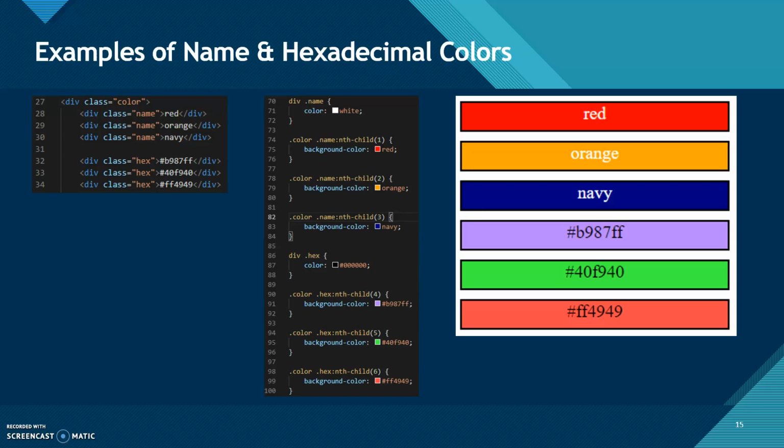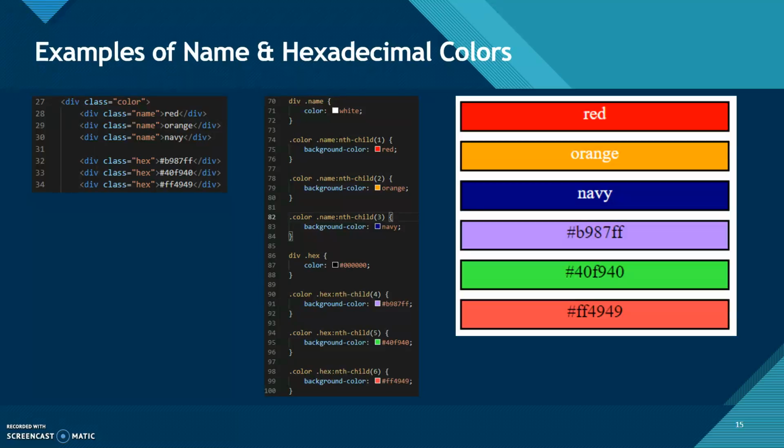So our example of name and hexadecimal colors, here you can see that my div class color name, I had red, orange, and navy, and in the CSS, that's exactly what I used. I used the words red, orange, and navy, which then gave me those colors in my boxes. For the hexadecimal code, you can see that that code translated to different colors.